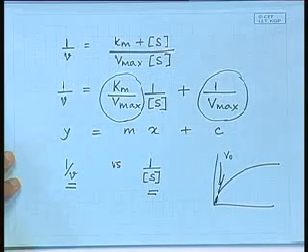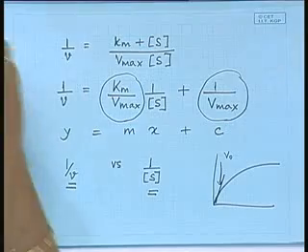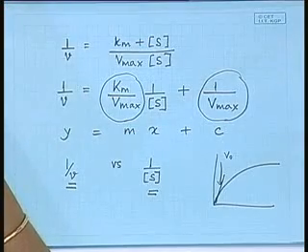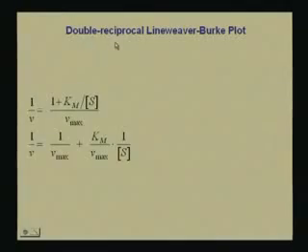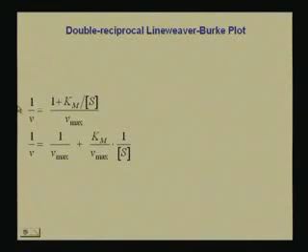Okay? This is exactly what you can do to get what is called a double reciprocal plot, also known as the Lineweaver-Burk plot, that is extremely important in enzyme kinetics. There is no enzyme kinetic reaction or plot that you can do without doing a Lineweaver-Burk plot.